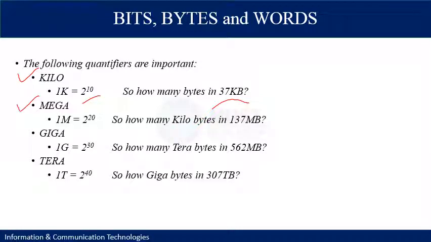Similarly, 1 megabyte is 2 raised to the power 20 bytes, or 2 raised to the power 10 kilobytes. For a gigabyte, you will have 2 raised to the power 30 bytes, and for a terabyte, 2 raised to the power 40 bytes.